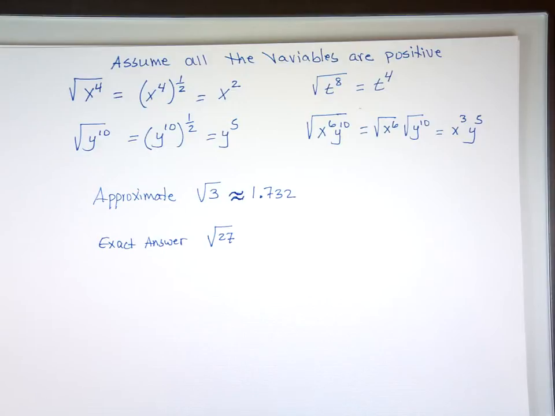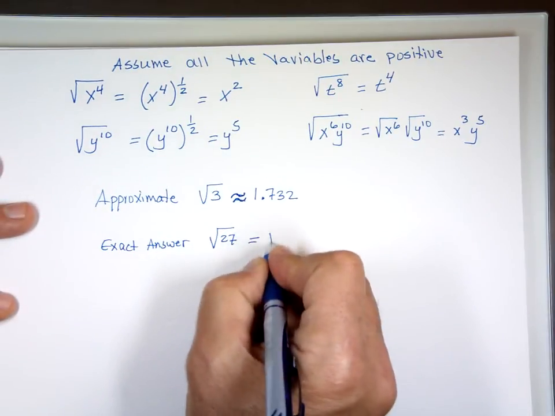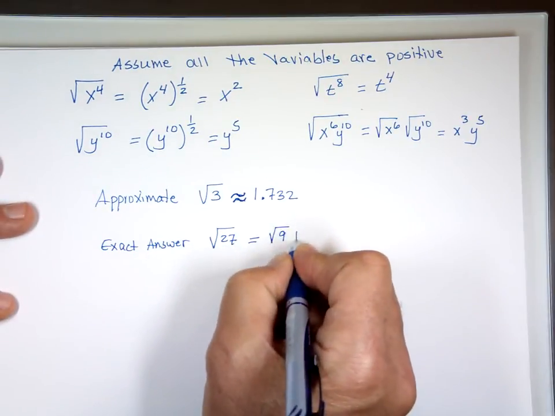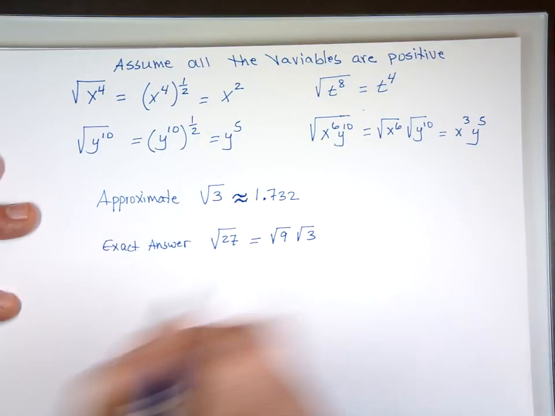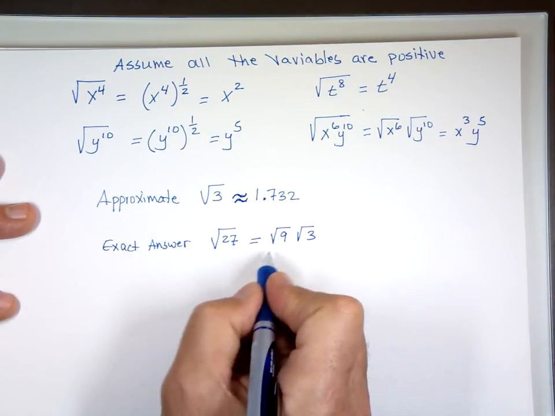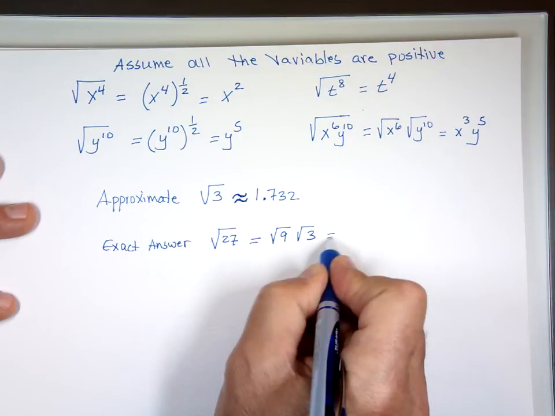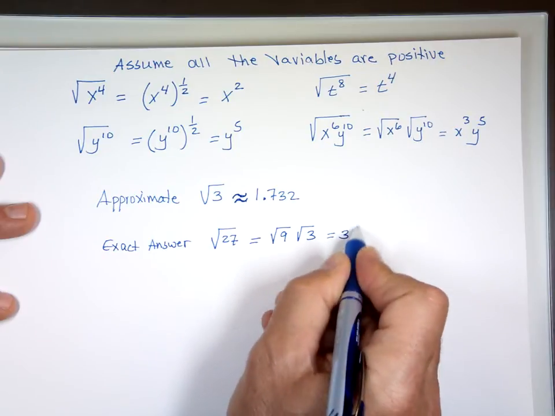How can I simplify 27? What two numbers, if you multiply them, give 27? Is it 9 times 3? So I should be able to break this down to the square root of 9 times the square root of 3. What is the square root of 9? 3, so it's 3 times the square root of 3.